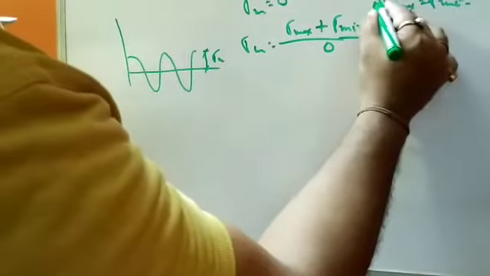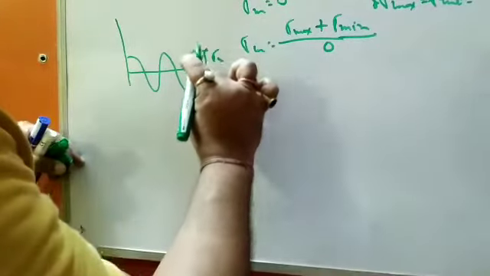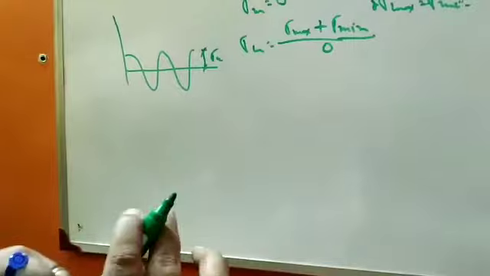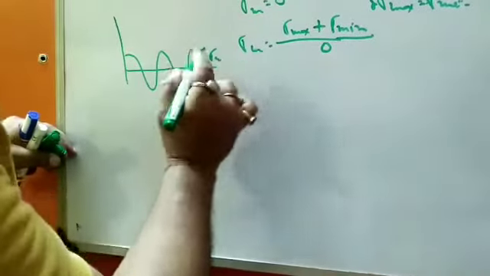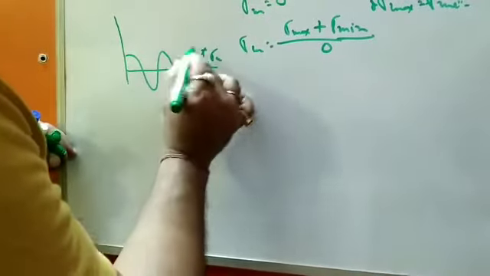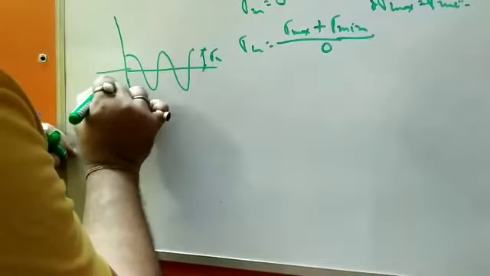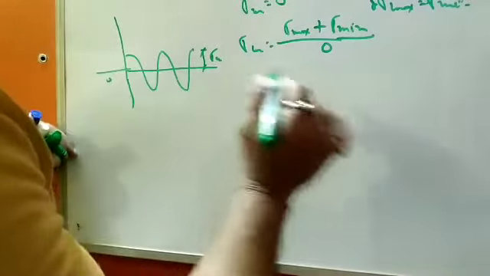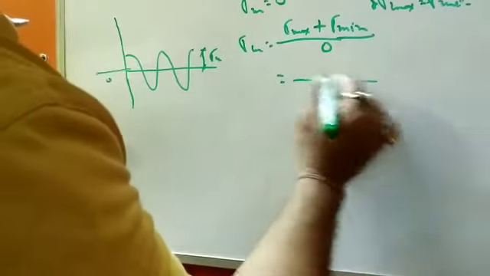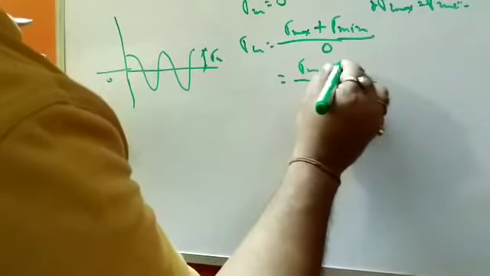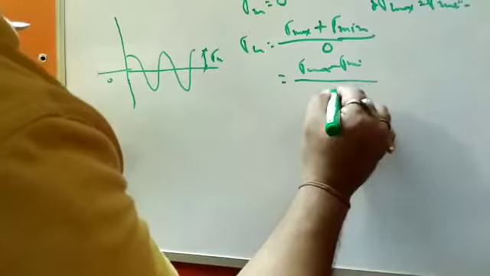So plus sigma max and minus sigma max, because this one and this one are same. This is the amount of peak stress, sigma max positive and sigma max negative. If you consider this the zero line, this is the tension side and this is the compression side. So sigma max plus sigma min is equal to 0.